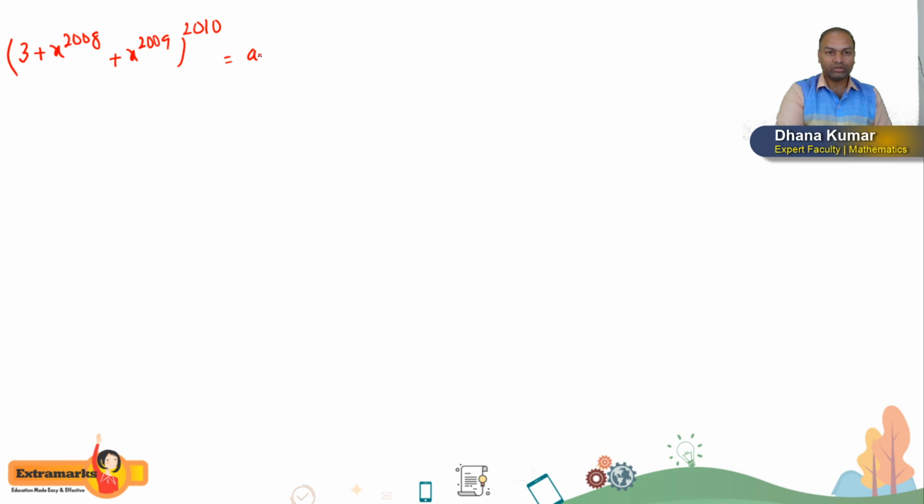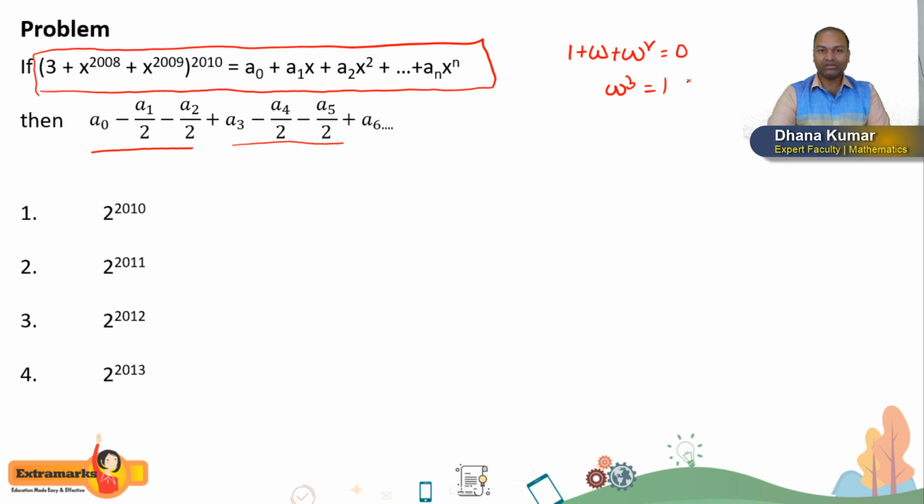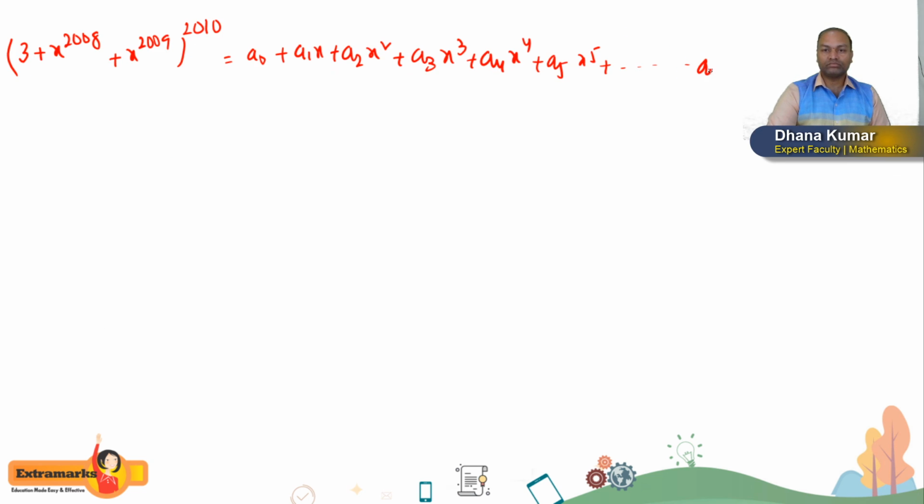Is equal to what? a0 plus a1x plus a2x square plus a3x cube plus a4x power 4, a5x power 5 plus a6x power 6 so on, and then last an x power n. Fine, anyhow you leave it, an x power n. So what I told, substitution, put x is equal to omega.